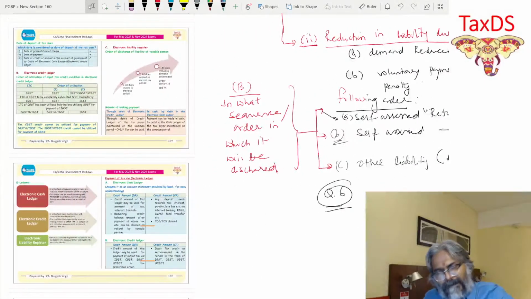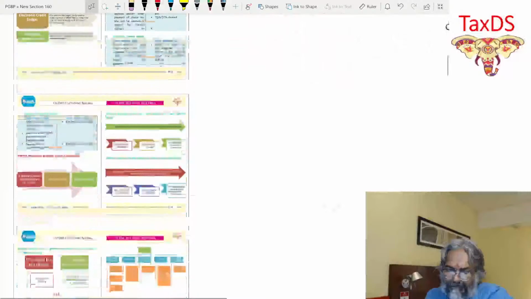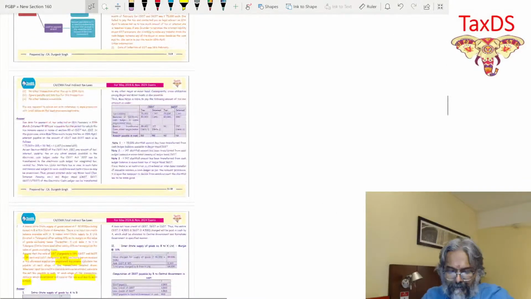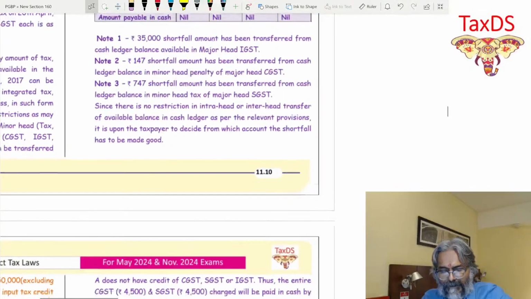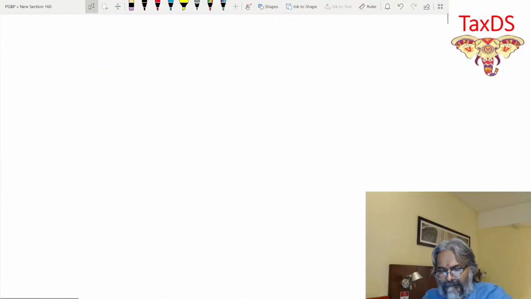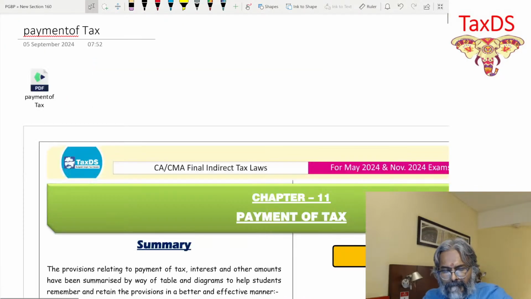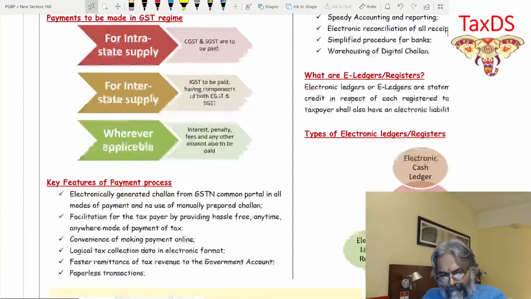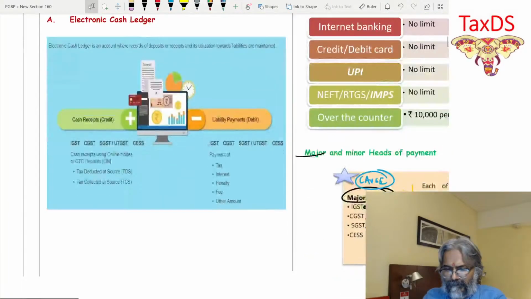And then on the balance portion of the amount, you can definitely use the SGST credit to pay off your IGST liability. Is that clear to all of you, students? Everyone. So we are through with this one in this context.